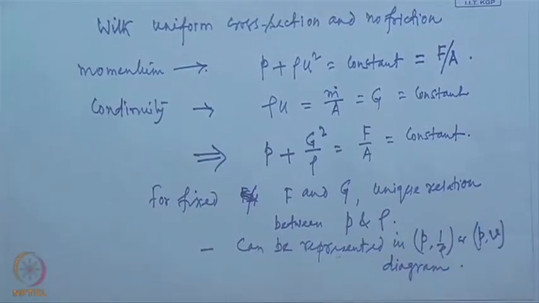and of course, in P, 1 by rho the diagram is basically a straight line, and these lines are called Rayleigh line.